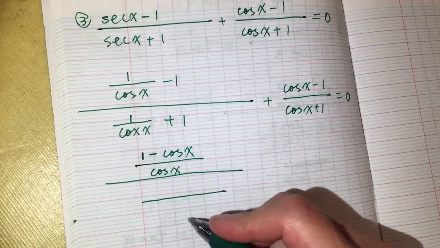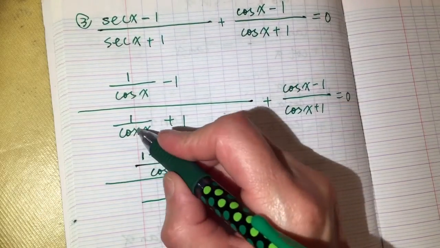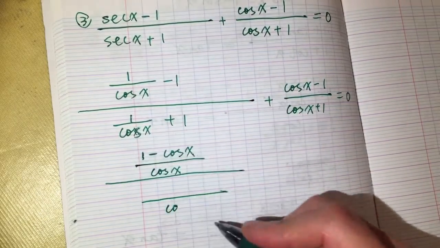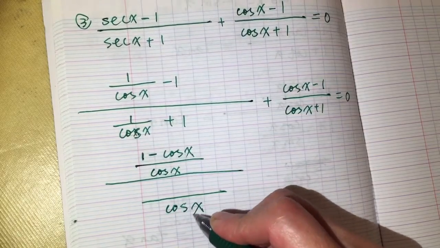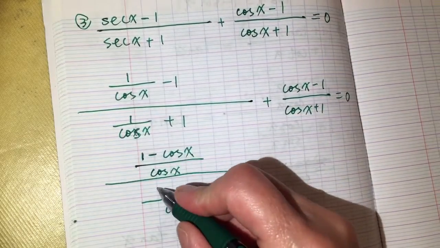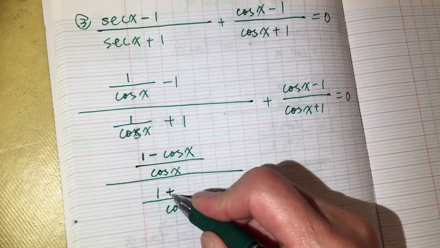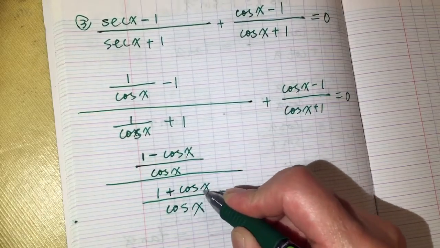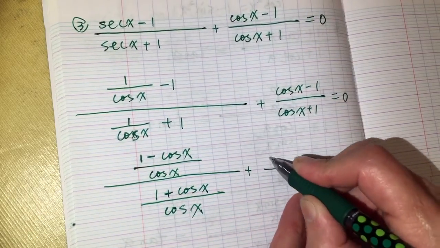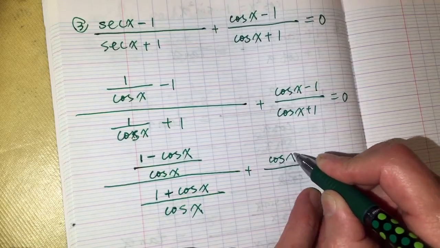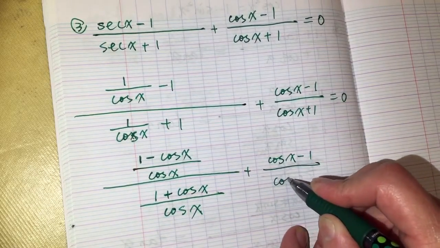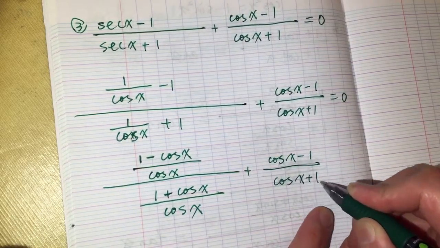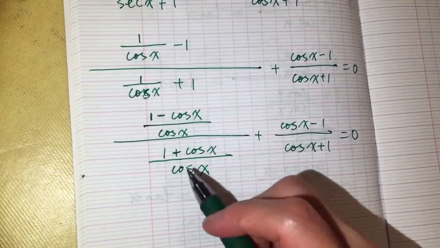On the bottom part, cosine x and 1 is the same. One plus cosine x plus cosine x minus 1 over cosine x plus 1 equal to 0. Are we equal to 0?